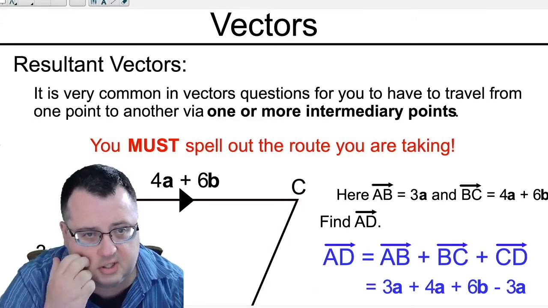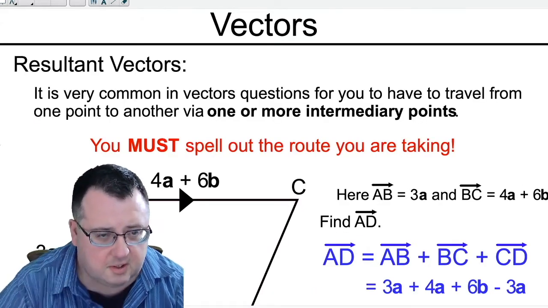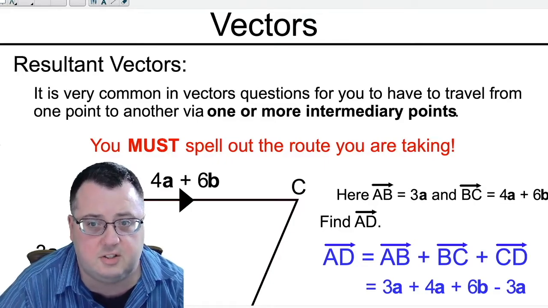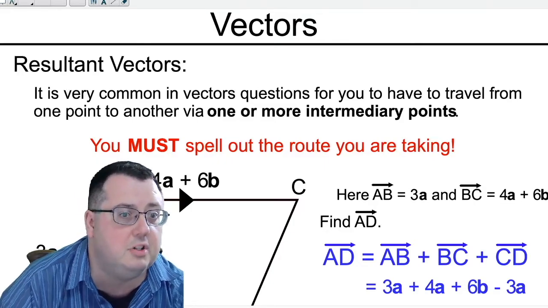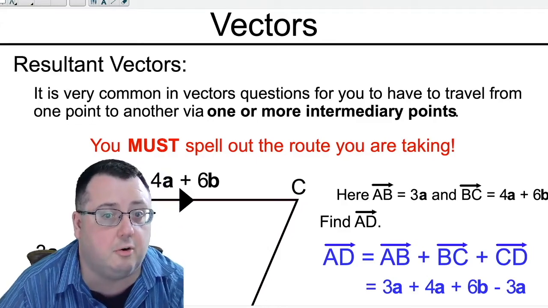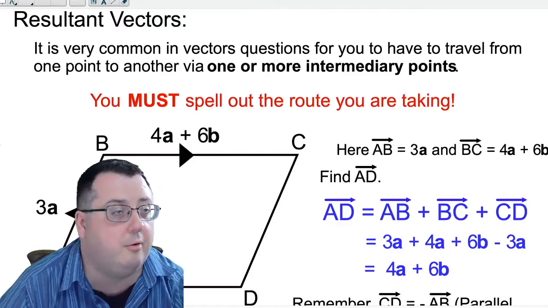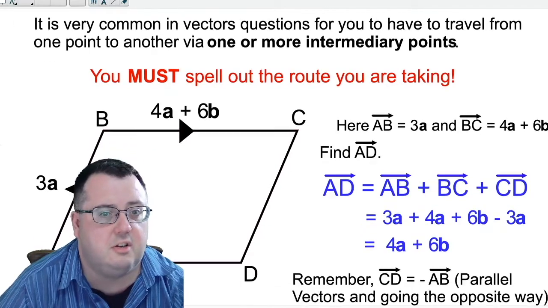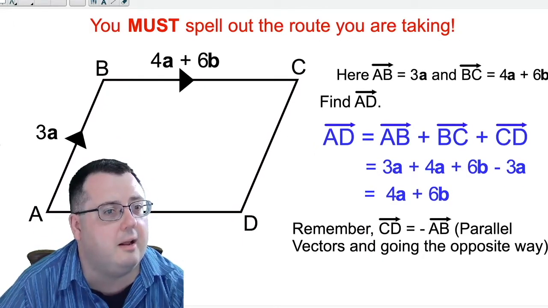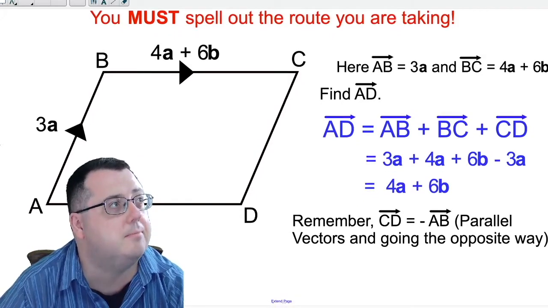Let's have a look at resultant vectors some more. So it's very common in vectors questions for you to have to travel from one point to another via one or more intermediary points. And you must spell out the route you're going to take. So you'll see here on the left I've got a parallelogram, ABCD.